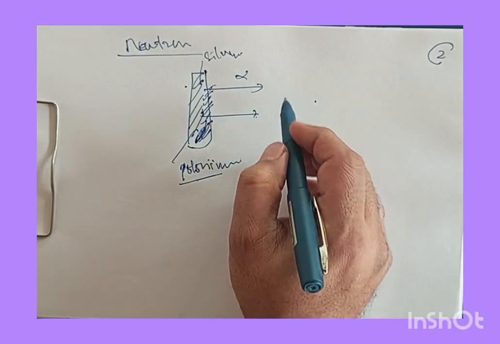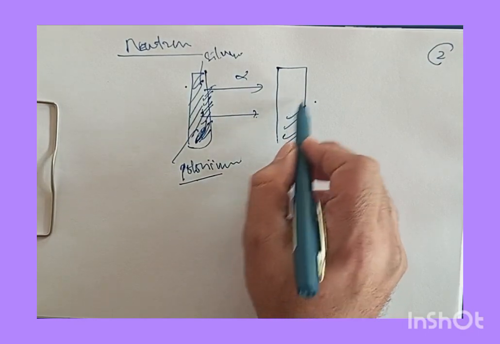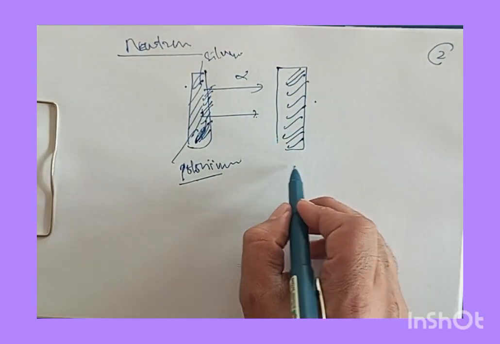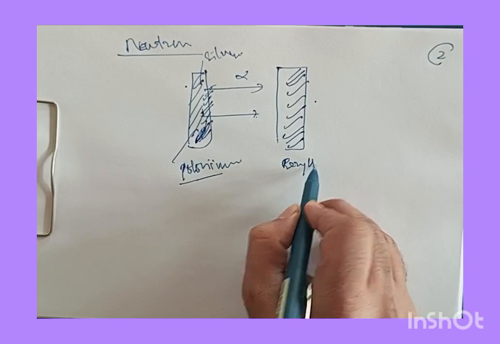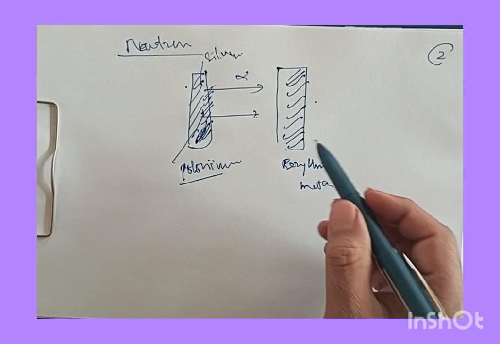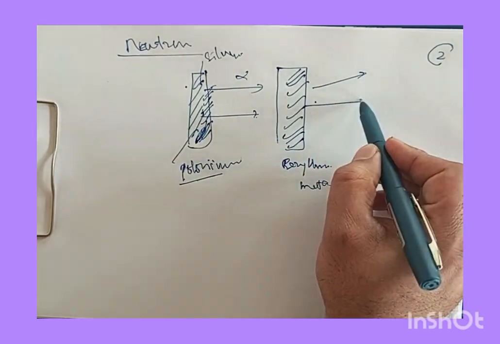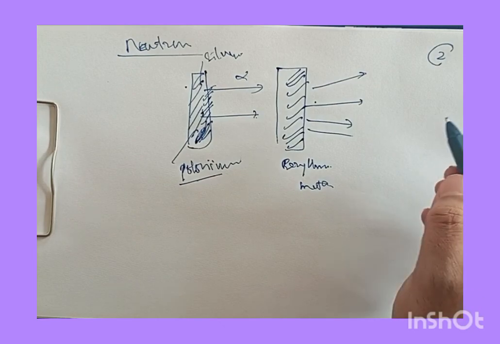These alpha particles are subjected to this beryllium metal, and after penetration, what we see is the penetration of these alpha particles.